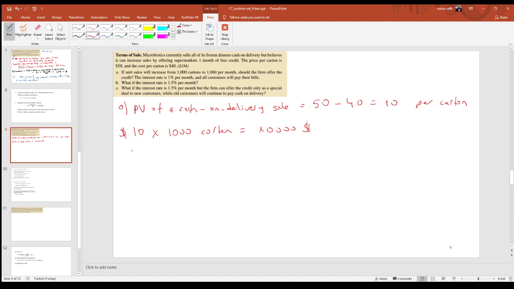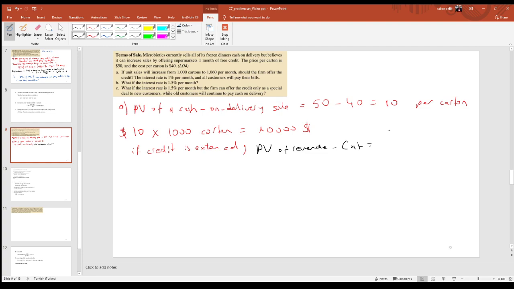So if credit is extended, we need to calculate first the present value of revenue minus cost.